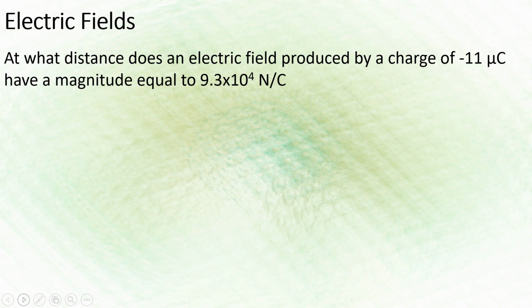At what distance does an electric field produced by a charge of negative 11 microcoulombs have a magnitude equal to 9.3 times 10 to the 4th newton per coulomb? Just to remember about field lines, if we have a positive charge, the field lines are coming out. If we have a negative charge, the field lines are coming in, and those field lines should be proportional to the strength of the charge.